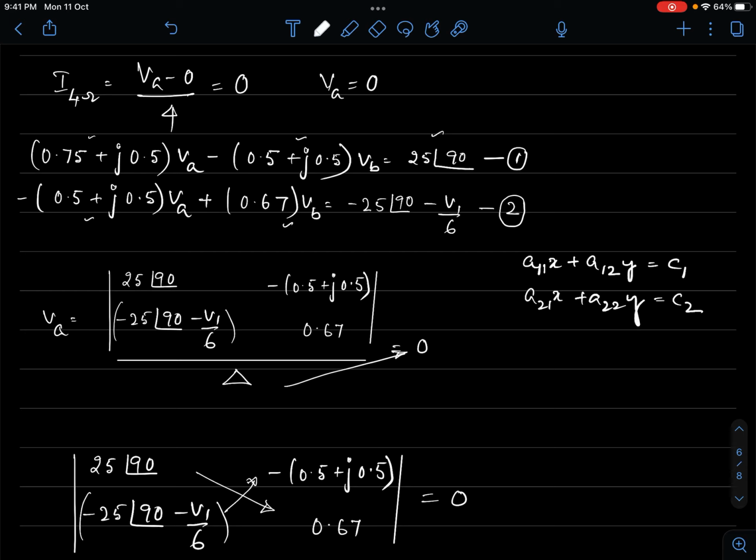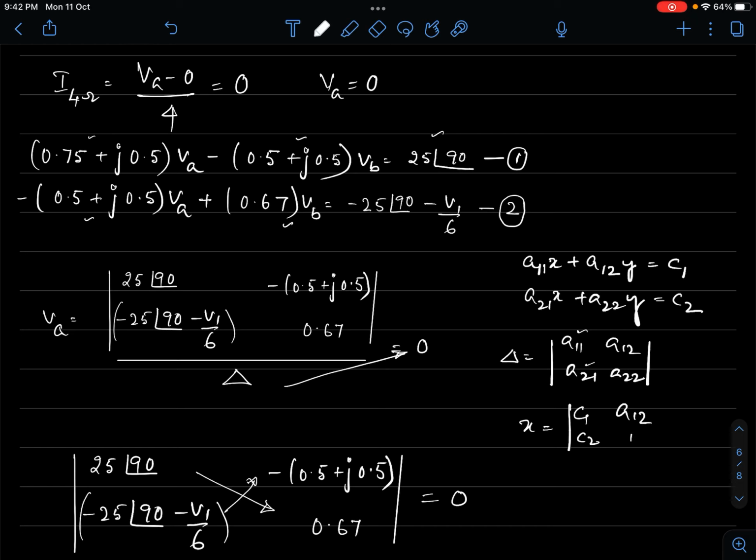However, if these are the two equations, how do we find out the value of x and y? According to Cramer's rule, we will try to evaluate a discriminant delta which is equal to a11, a12, a21, a22. This discriminant delta is evaluated and x is equal to, you replace a11, a21 by C1, C2.